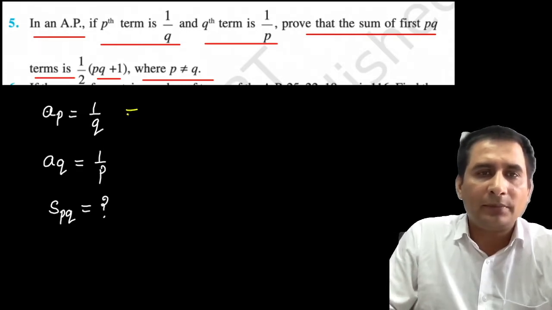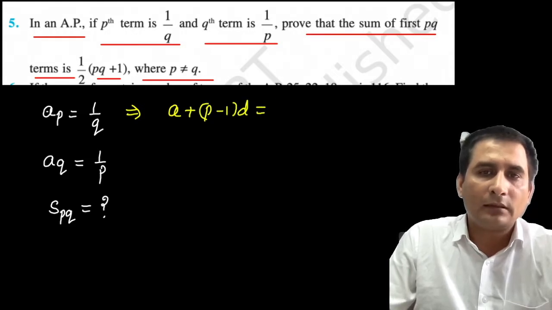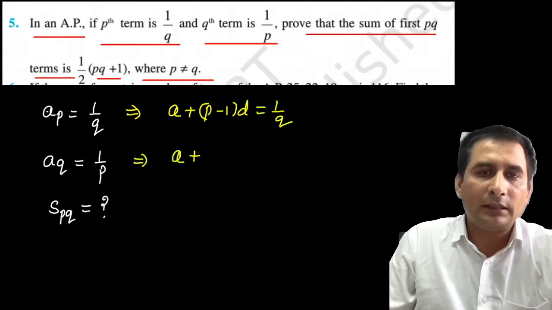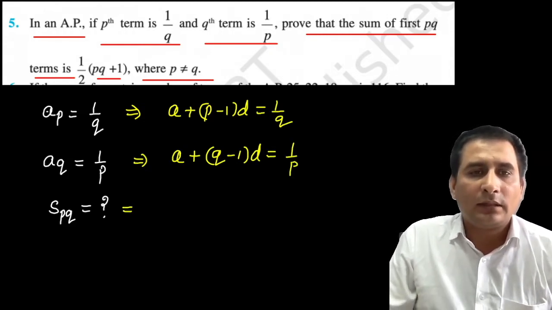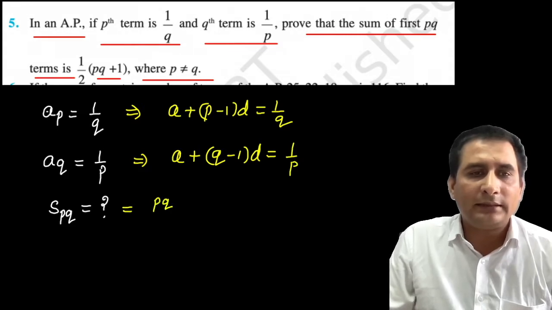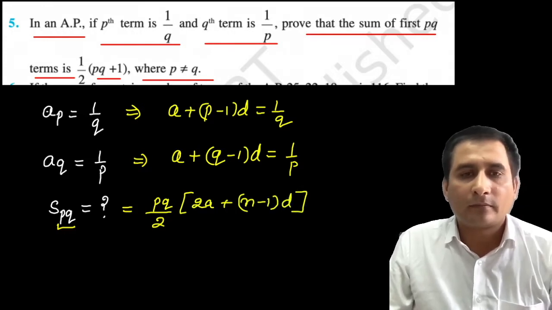So what is the meaning of AP? AP can be written by applying the nth term formula, A plus P minus 1 into D, equal to 1 by Q. And from here it is A plus Q minus 1 into D, I am applying the formula A plus n minus 1 into D here, right? And what is SPQ? SPQ is n by 2, n is here PQ, so PQ by 2 into 2A plus n minus 1 into D, right?